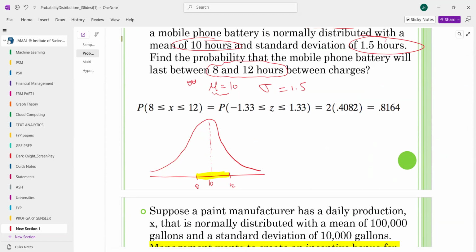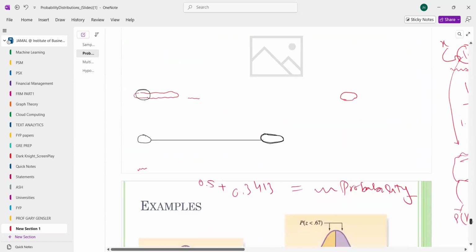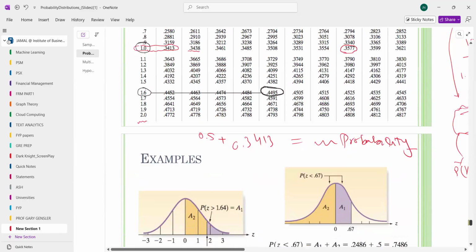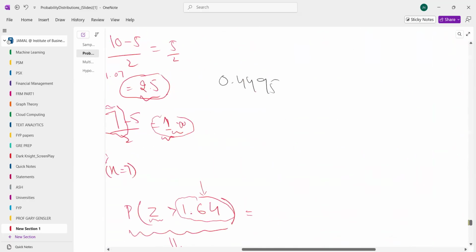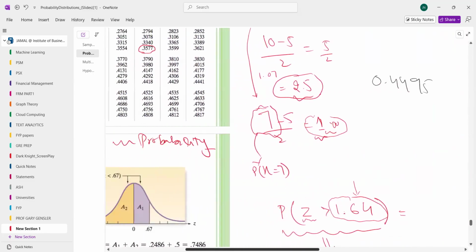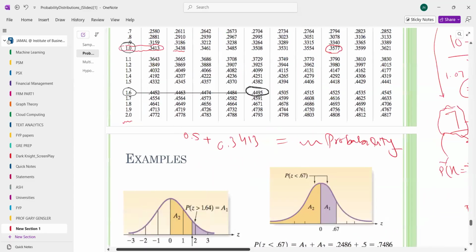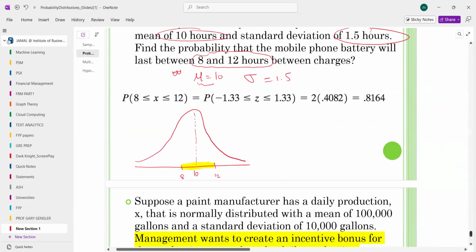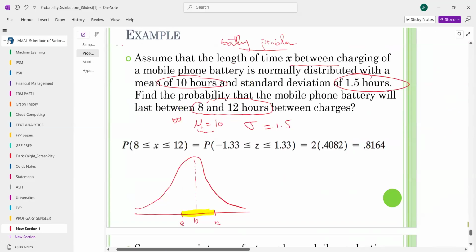For the above example, it was a bit simple, but here I'm bounded by a range, right? What will be the way forward in this case? How can I do it?